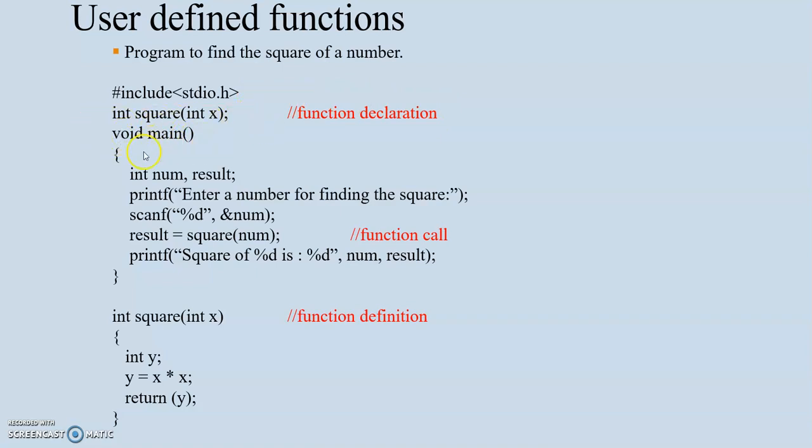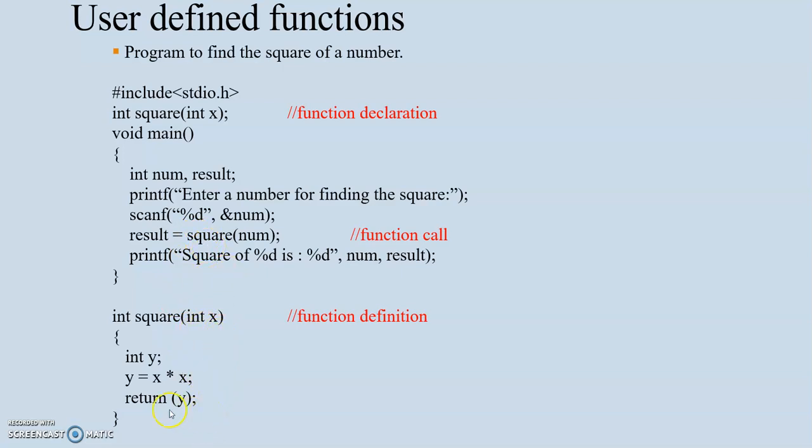Void main, and then write down a simple program to get the number from the user, square(num). Now this is where again I'm calling a function. I am defining a function, so I need to declare it, as well as write the function definition, where what is to be done when it has been called has to be written.